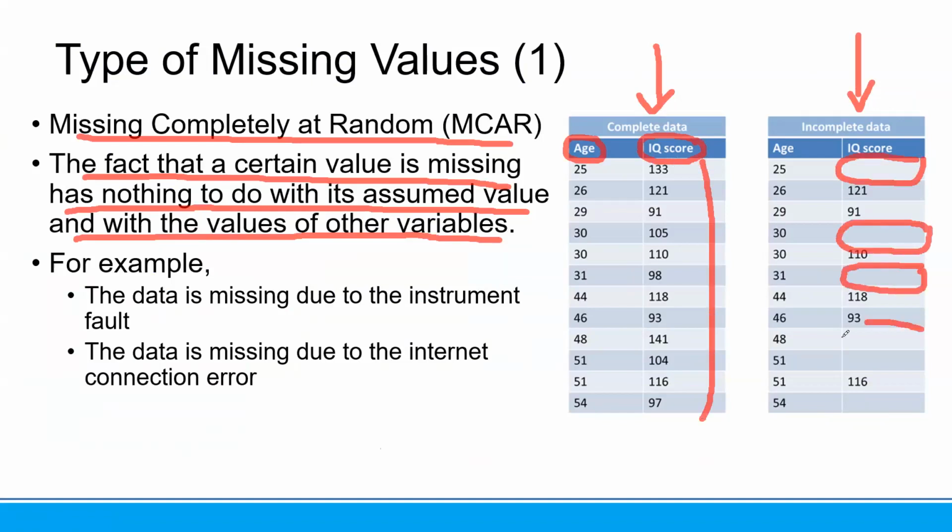Here is missing, missing, missing, and missing. So those missing values are random because there is no such pattern. There can be a lot of things. The cause can be like the instrument fault, or maybe the internet connection errors, or maybe because of this data, we don't know. But it is totally, completely at random.